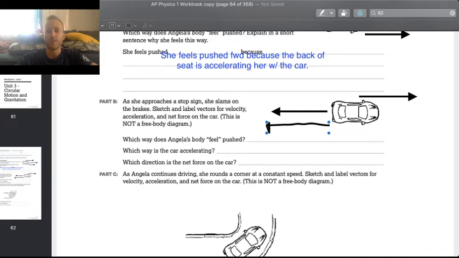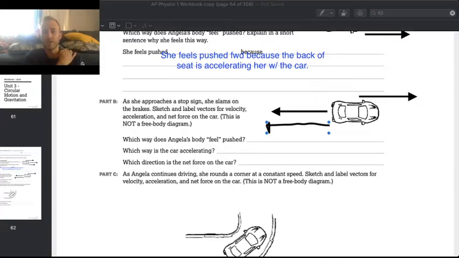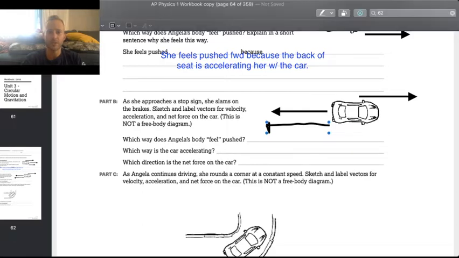So Angela's body feels pushed backwards when the car is accelerating backwards. So what is stopping Angela? It's going to be a combination of friction from the bottom of the seat, the seat belt, and it could also be the feet on the floor. Those three things are going to provide some kind of force that slows Angela to a stop.